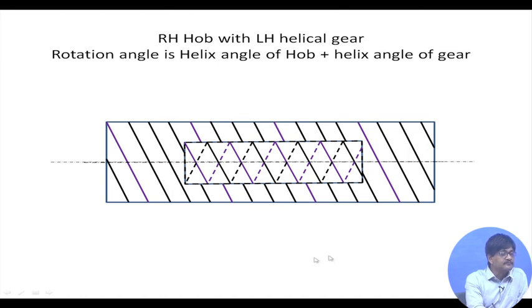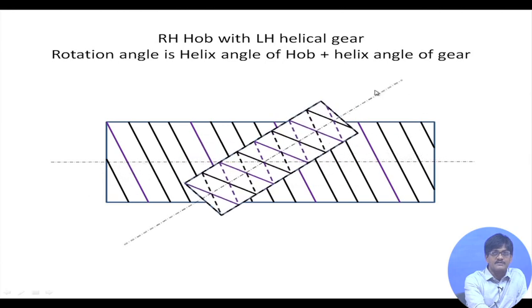If you are here, as it moves away from you, it rotates counterclockwise. So this must be a left-handed helical gear, and the axis of rotation, which has not been drawn, is in this direction. Okay. So how do I rotate it? The golden rule once again is that get those dotted lines aligned with the direction of the teeth.